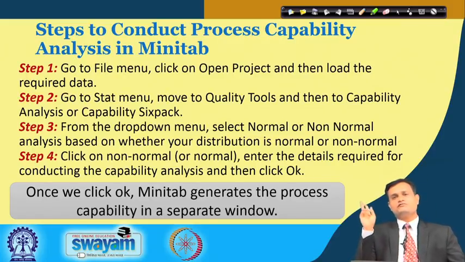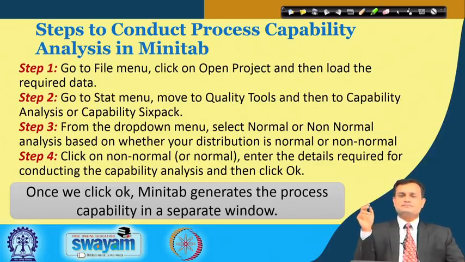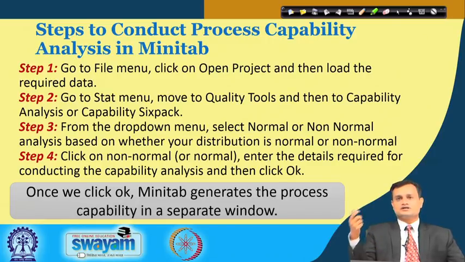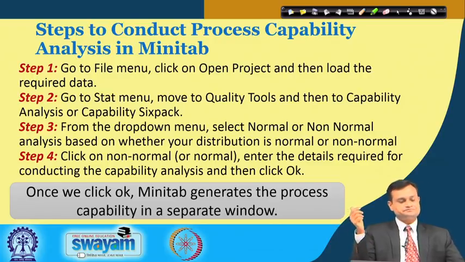Here you will find two options, capability analysis and capability 6-pack. This is commercial software, and to meet the requirements of the industry, they offer two different options, process capability analysis and process capability 6-pack analysis.